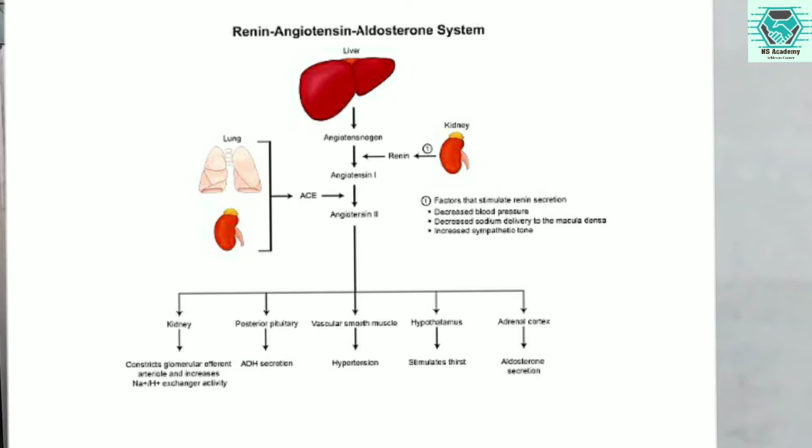In the diagram you can also see the factors that stimulate renin secretion, which I have already discussed. And then the actions of angiotensin 2 on the kidney, posterior pituitary, vascular smooth muscle, hypothalamus and adrenal cortex.